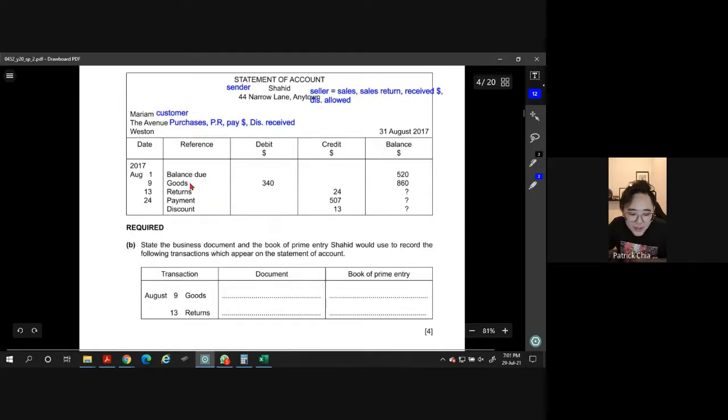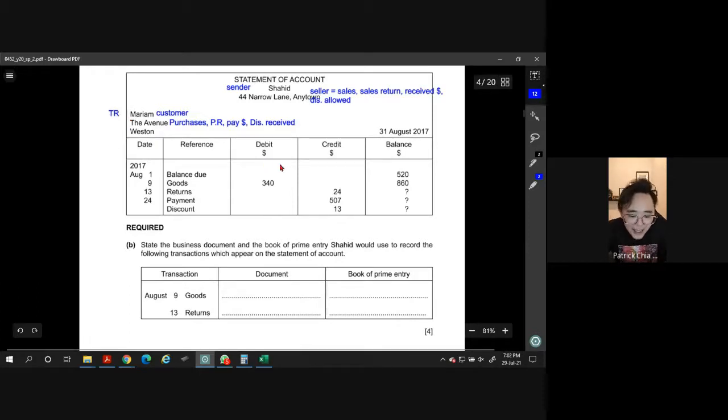Now, next thing is what is goods? When you see the goods, so debit and credit. So this is from Shahid as a seller. From the seller point of view, they are showing Mariam, who is the customer. Customer means what? Customer, this is a TR or TP. It is a customer. From Shahid's point of view, TR. Okay.